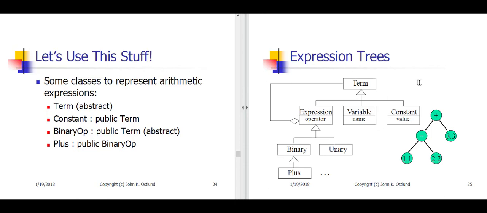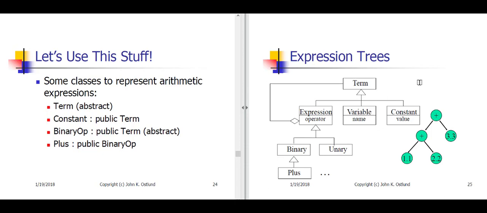A variable, which you will deal with in the homework, is also a kind of term. And also, an expression is a kind of term. Now, an expression is composed of a sequence of terms hooked together by binary operators like plus or minus, or perhaps preceded with a unary operator like plus or minus.